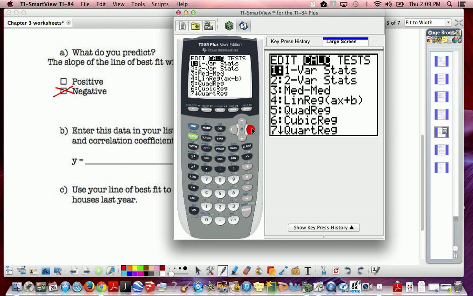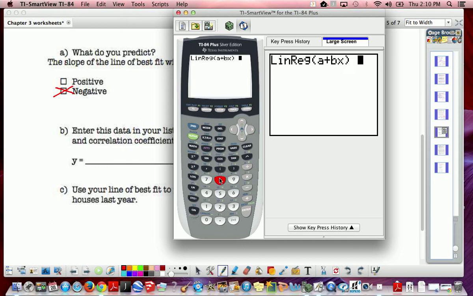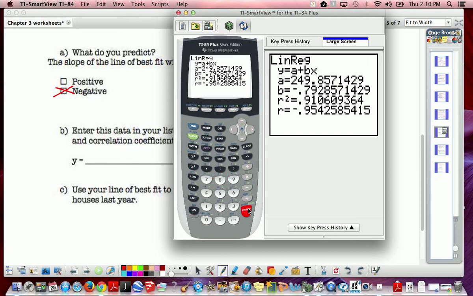There's one at number 4 and one at number 8. I prefer the one at 8 because it has a plus bx, and that's what we've been teaching you. When I hit enter, notice it gives me my slope b, my y-intercept a, and then my correlation coefficient r.